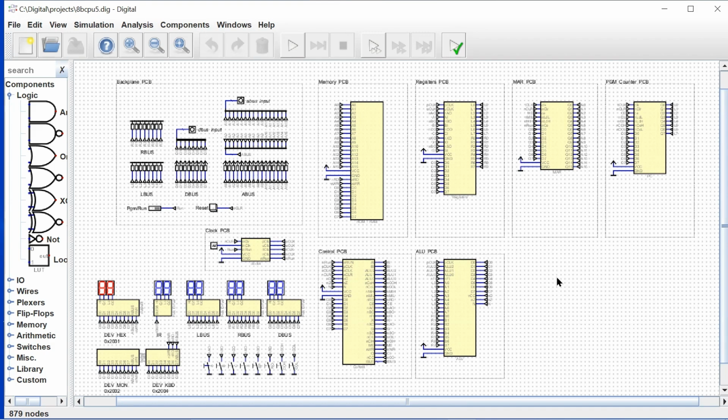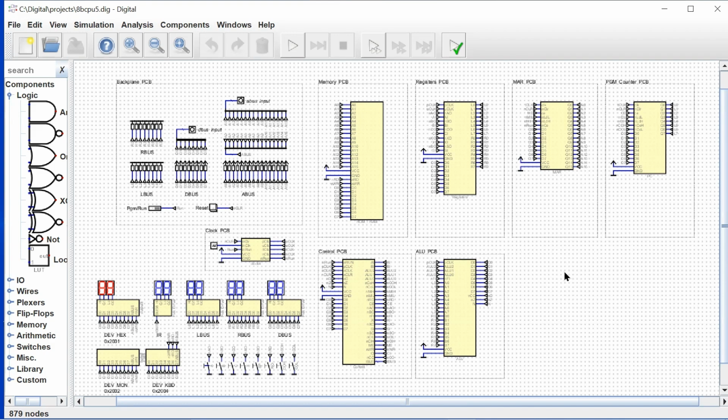They go through 74245s, and the LS variety of the 245 has Schmitt trigger inputs, and that will give us some level of noise cleanup on the bus signals. So that's a key element there. And then again, any of the signals going back to the bus, we want to go through a specific driver again, so that we have good signals in and out of each of the cards.